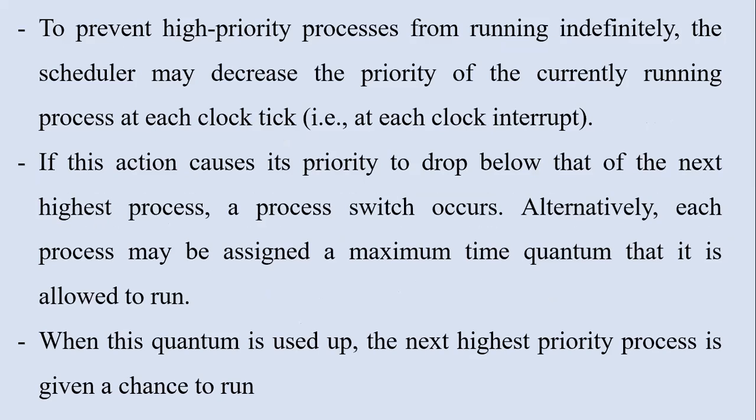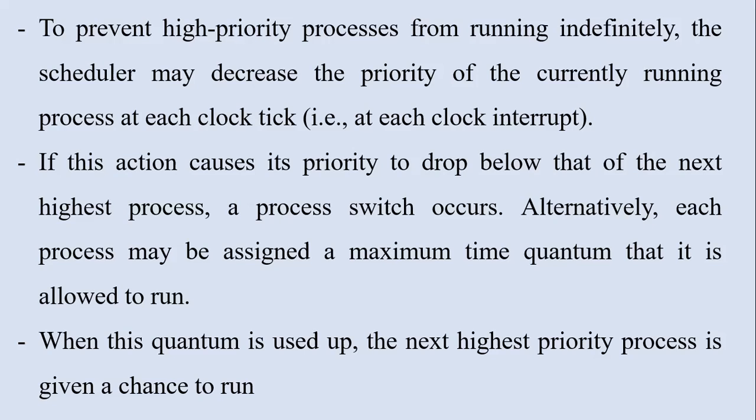To prevent high priority processes from running indefinitely, the scheduler may decrease the priority of the currently running process at each clock tick, at each clock interrupt. If this action causes its priority to drop below that of the next highest process, a process switch occurs.